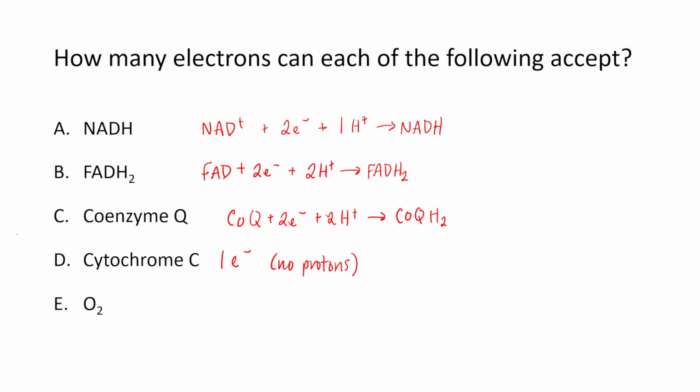So O2 plus 4 electrons, and how many protons? Well, what is it going to eventually turn into? Water. Yeah, so 2 oxygens, we need 2 water molecules. How many protons do we need? Yeah, 4.